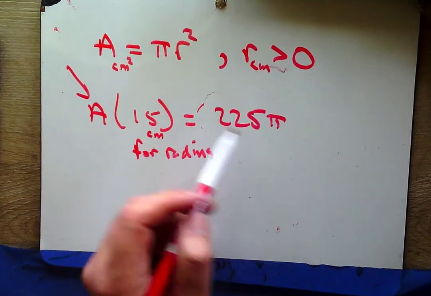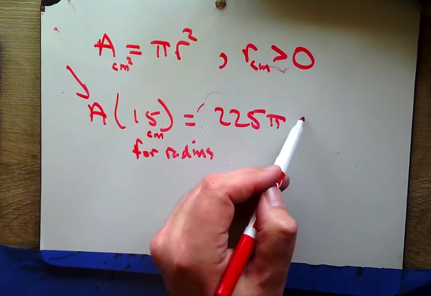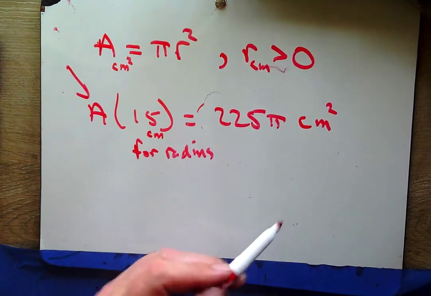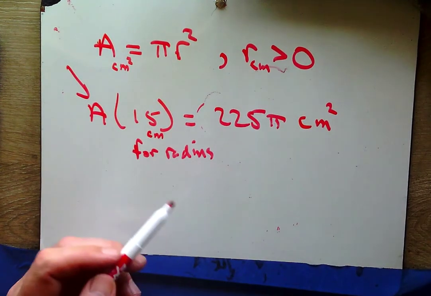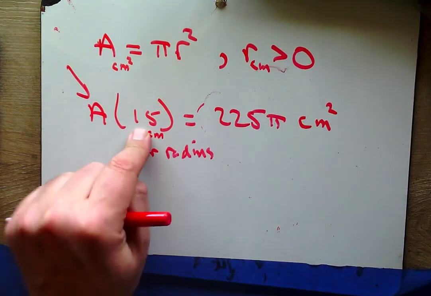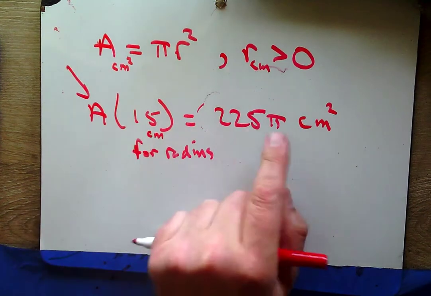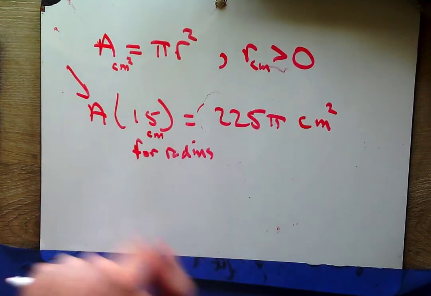I even know that because this is an area, an output from this function, that the units would be centimeters squared. Okay, area always has square units. So I understand this as I plug in a 15 centimeter radius, I get out a 225 pi centimeters squared area.